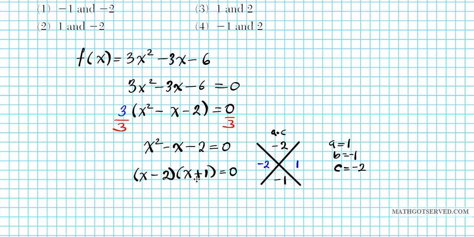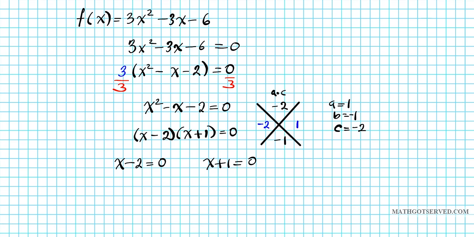The answer is no. We're not done yet. We have to apply one more process, the zero product property, to determine what the zeros are. So to do that, we set both factors to 0, and you isolate x. Okay, so on the left side, to isolate x, you add 2 to both sides, and that yields x equals +2.